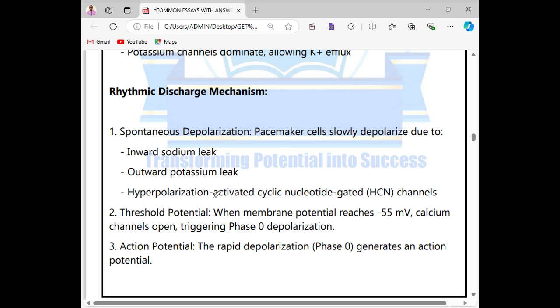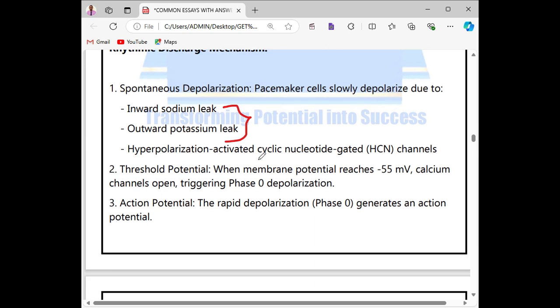If you go deeper in physiology, we also have the hyperpolarization-activated cyclic nucleotide-gated channels. You can forget about this one a little bit, but if you are good at remembering, you can also add it. These are the most common ones, normally recognized by a lot of students.